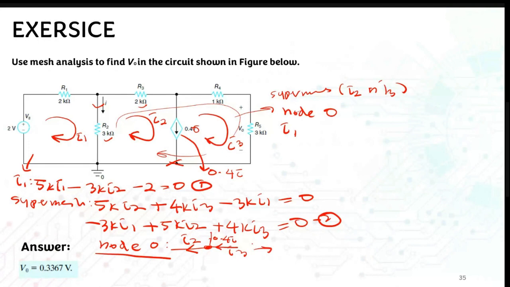So the equation is I2 equal to 0.4 I plus I3.